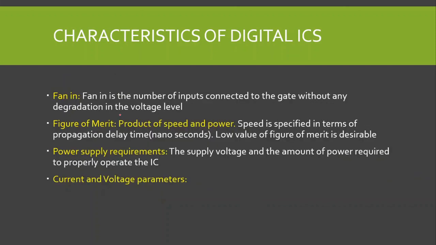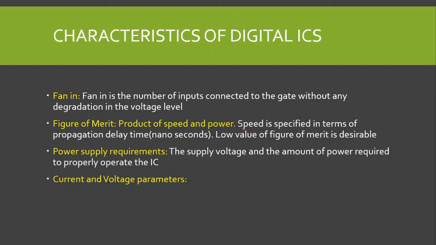Next is the fan in. Fan out is concerned with the output, fan in is concerned with the input. So fan in is the number of inputs connected to the gate without any degradation in the voltage levels. Next is the figure of merit. Figure of merit is actually the product of speed and power.